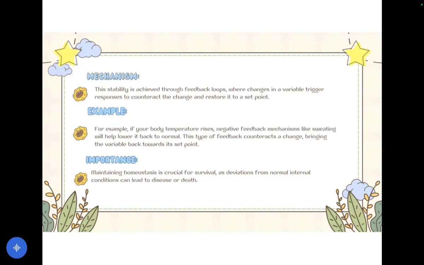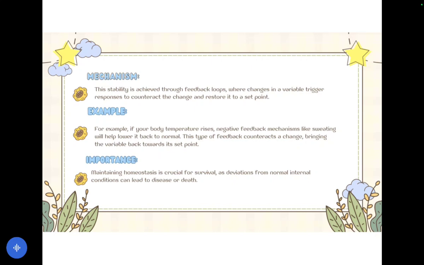So, for example, you are in a desert. Your surrounding is hot, and since the temperature in your surrounding increased, the thermoreceptors in your skin are stimulated. And these thermoreceptors in your skin are connected to the hypothalamus.